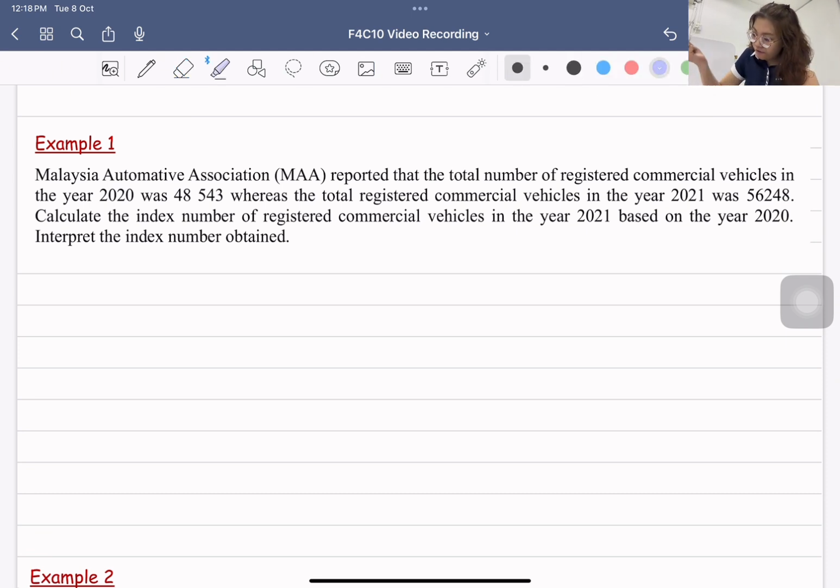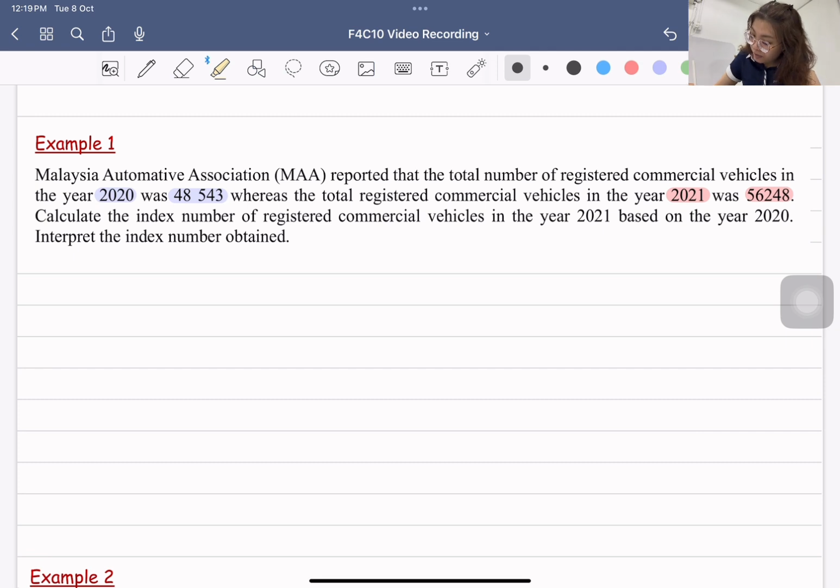So the information you have is in 2020, the number of vehicles is 48,543, and in 2021, the number is 56,248. Calculate the index number of registered commercial vehicles in the year 2021 based on the year 2020.